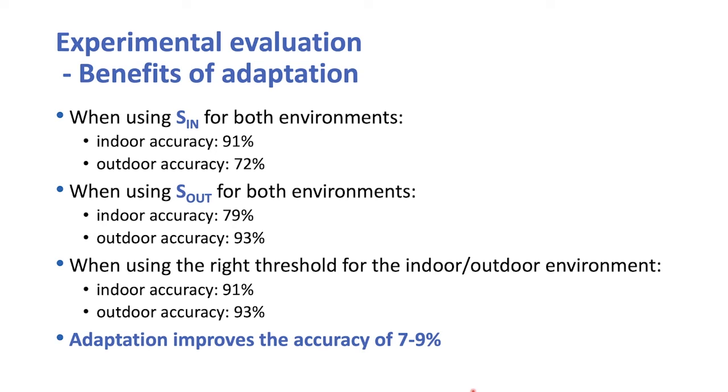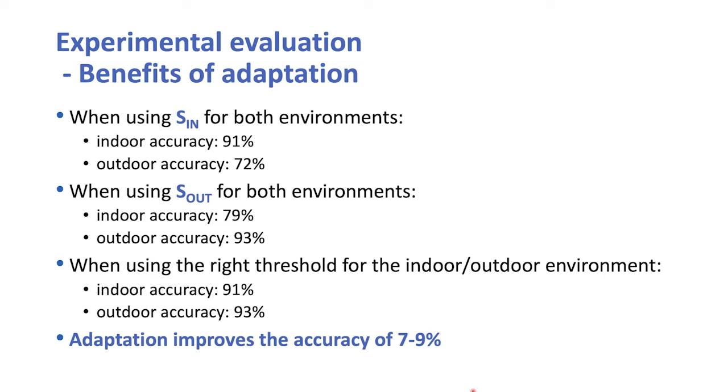On the contrary, if the threshold is defined using the values collected in outdoor environments, as out, we obtain an indoor accuracy of 79% and an outdoor accuracy of 93%.